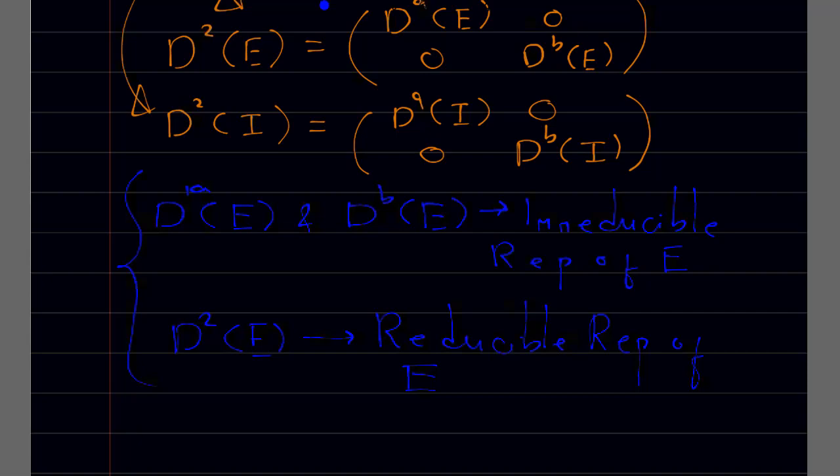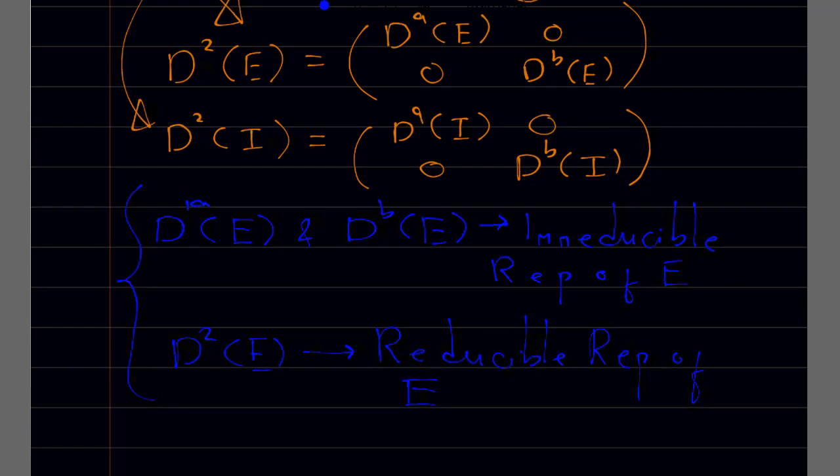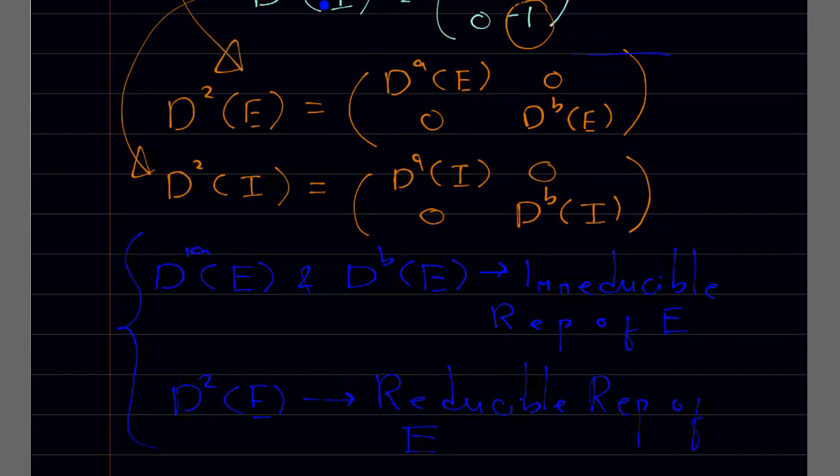So why is D2 of E a reducible representation? Because it can be reduced to two one-dimensional representations.